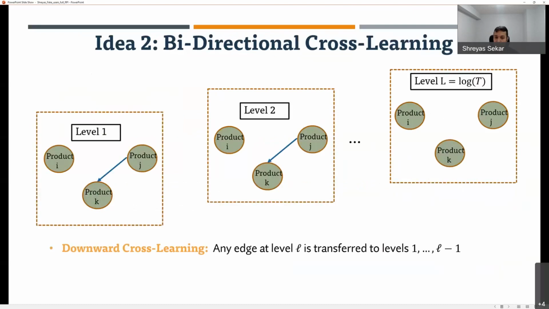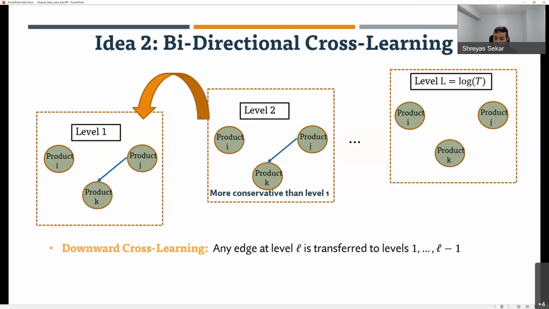So we're going to introduce this notion of cross-learning, and in particular, learning is going to happen across the different levels in both directions. The first thing that I introduce is called downward cross-learning. Remember, the upper levels, such as levels 2, 3, 4, and 5, tend to make decisions that are more correct because they see fewer fake users. So if I have an edge at a higher level, I'm more confident that this edge is going to be correct.